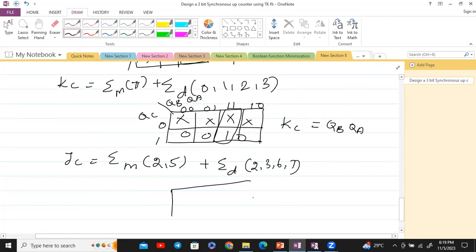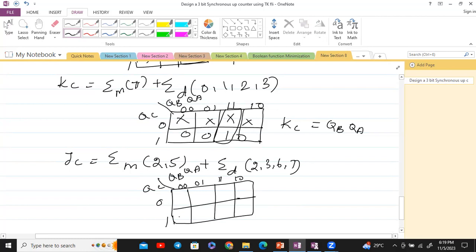So from the K map, it is QC, QB, QA: 0, 0, 0, 1, 1, 1, 1, 0, 0, 1. Okay. So 2, 5. 2 is this one and 5 is this one.